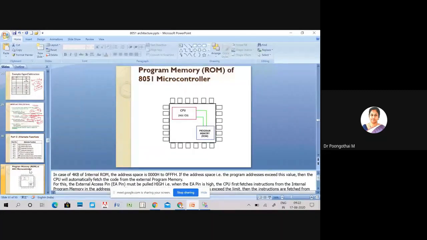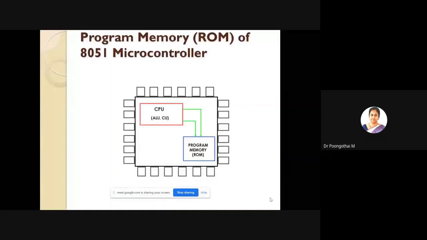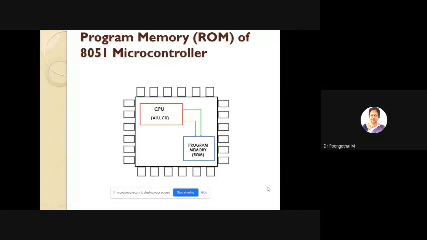Next one is the memory organization of 8051. In memory, the size of your 8051 internal ROM is 4 KB, and the RAM size is 128 bytes.